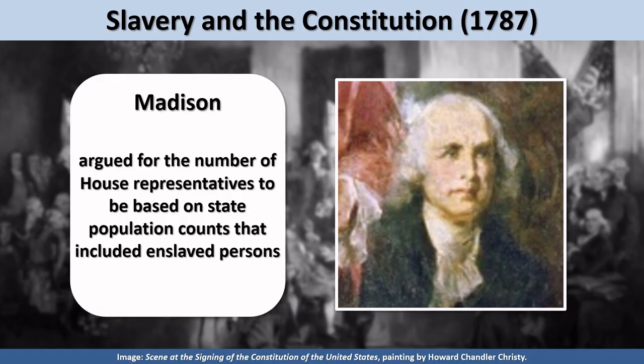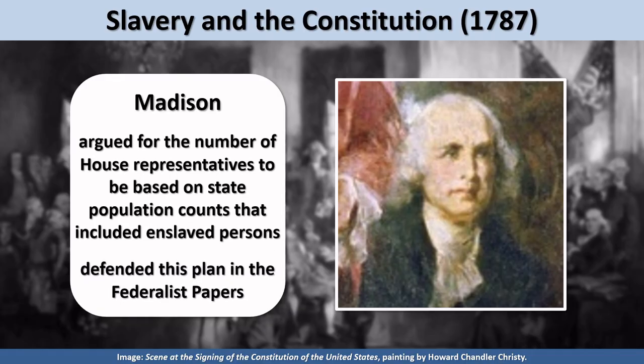Under this system, citizens of states with prevalent slavery had more of a say in Congress and in presidential elections than did citizens of states where slavery was restricted. As one of the writers of the Federalist Papers, which supported the passage of the U.S. Constitution, Madison also set out a public explanation of the population count plan.